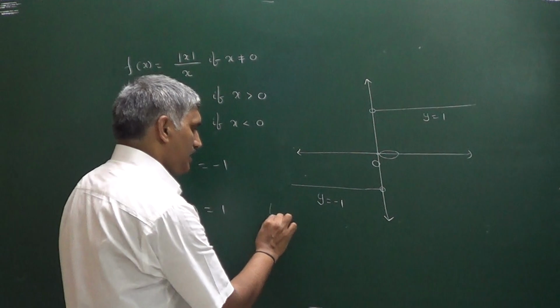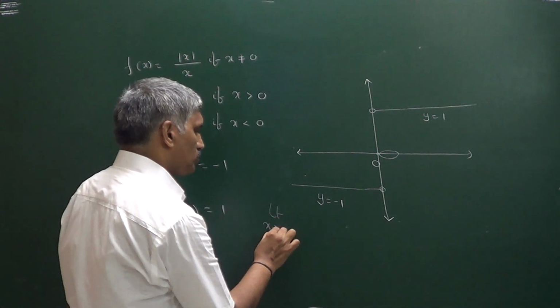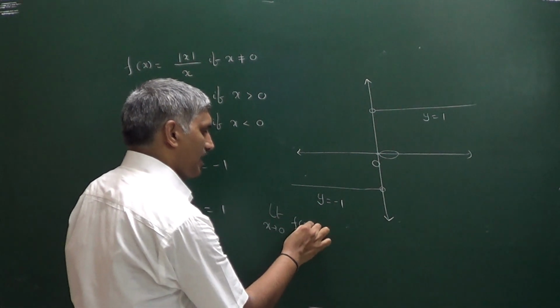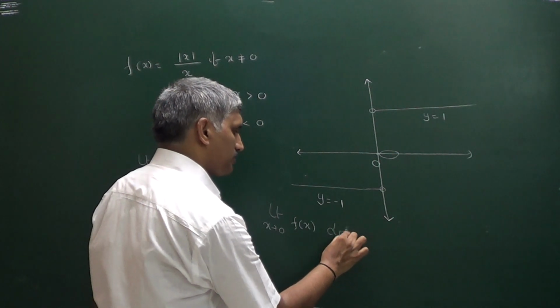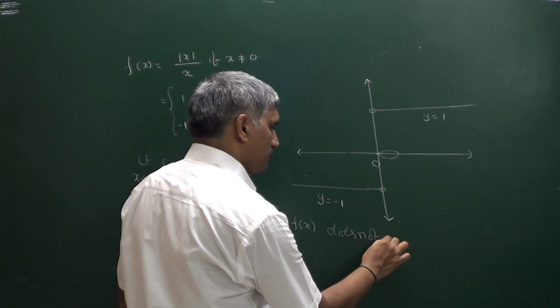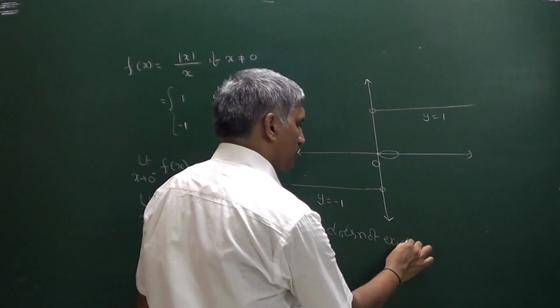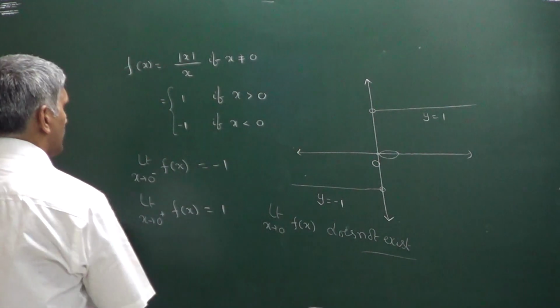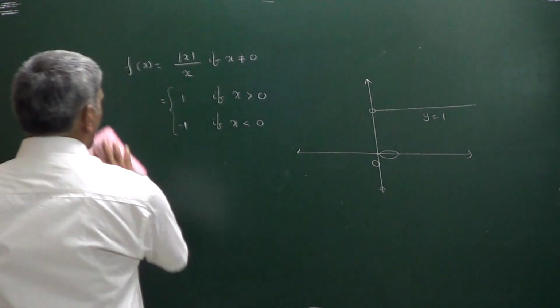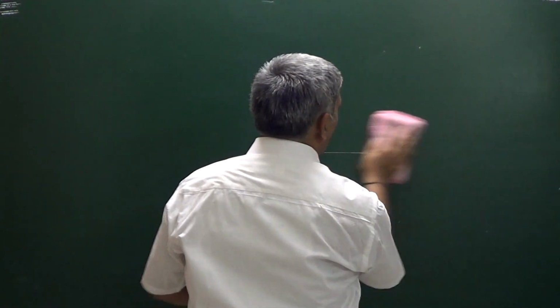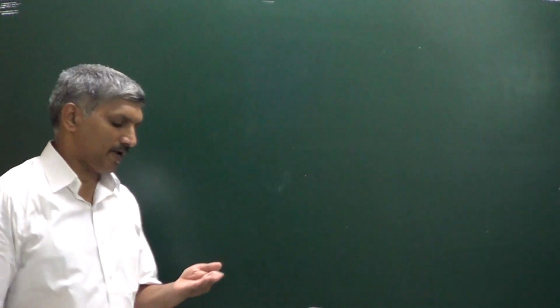So we can say limit x tends to 0 f of x does not exist. So that means when can we say that limit exists? Limit of a function exists only when left hand limit must be equal to right hand limit.